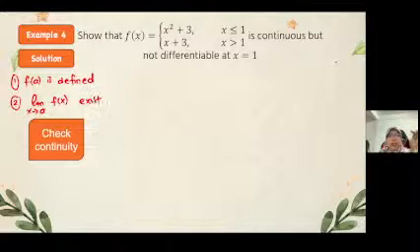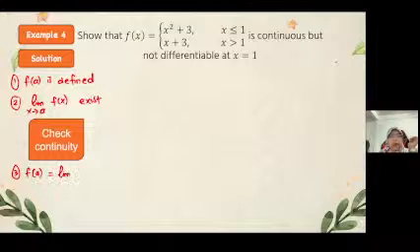And then the second one, the limit for x approaching a for f(x) must exist. In order for the limit to exist, it simply means that if you calculate the limit for x approaching a from the left hand side and right hand side, they need to be equal. And then the third one is the conclusion, where you have to make sure that the value for f(a) is equal to the limit for x approaching a for f(x).